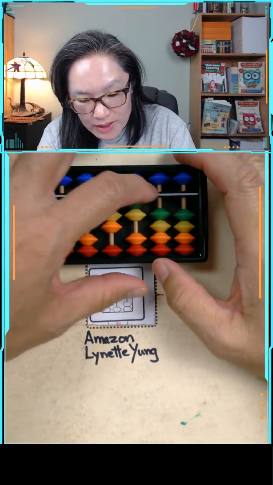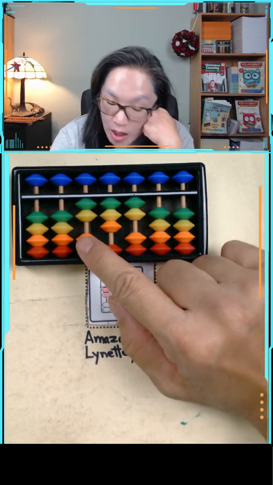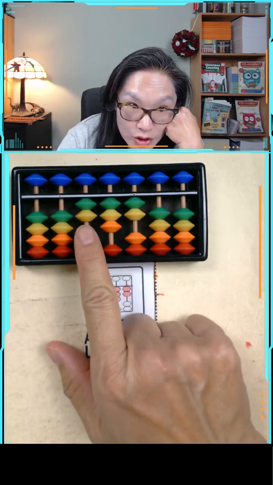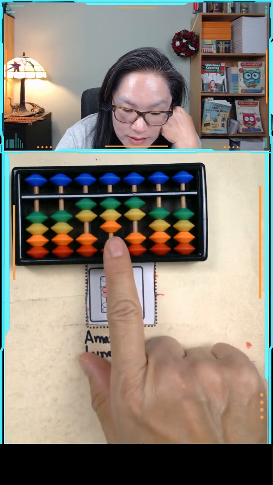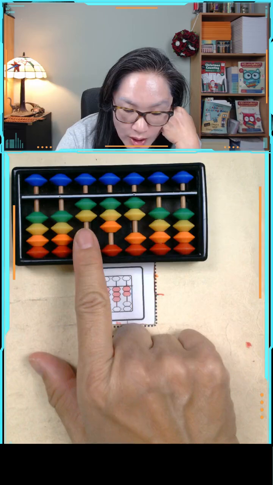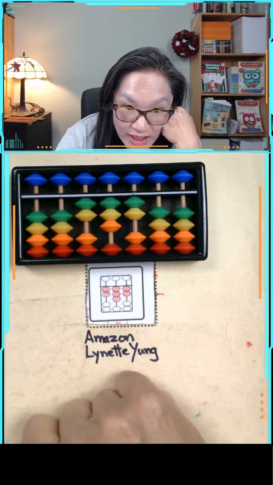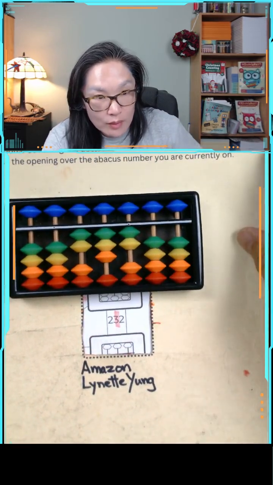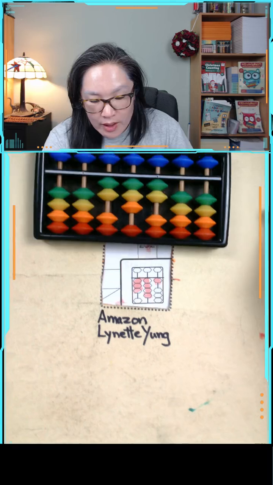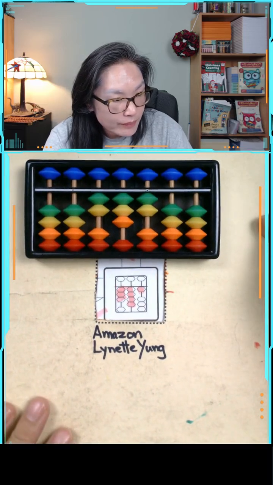Notice that the top bead is not touching the horizontal bar, so they're not being counted. So this would be 200, because we have our ones, our tens, and our hundreds. This is 232. Thank you, Anarchy. Thank you so much. And so we have our number, 232. And so we have our next number.